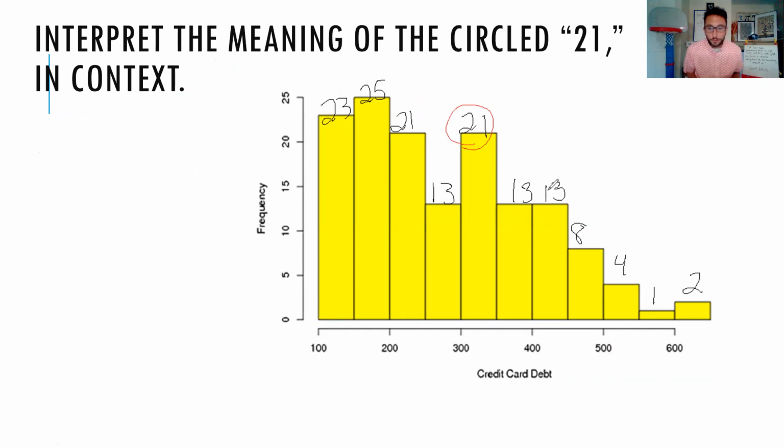The fourth question, the question we're answering here, is, what does this 21 mean? And I believe there's a question in your summer assignment that asks the same kind of thing. In stats, everything we write is in context.